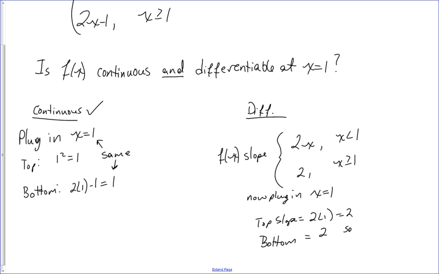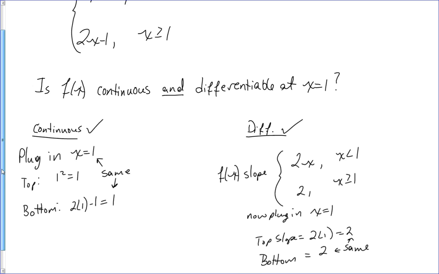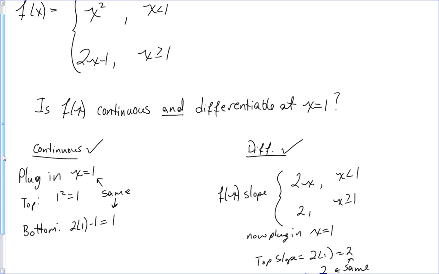Since these are the same, it is differentiable. Check mark. All right, so our function f of x equals x squared for x is less than 1 and 2x minus 1 for x is greater than or equal to 1 is continuous and differentiable at 1.